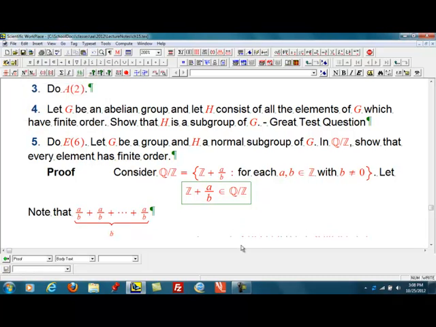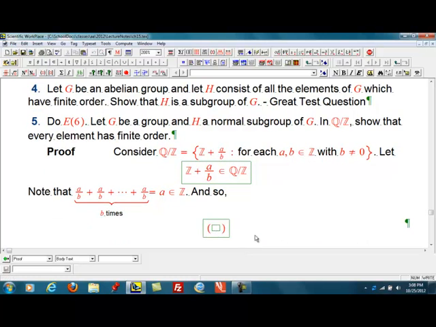Okay, so this is b times. So that is equal to a. A has to be in the integers, right? So then when we actually take our coset, now we're using our notation here.